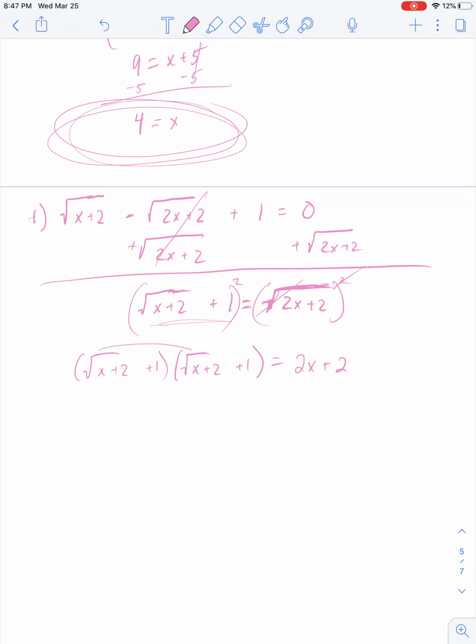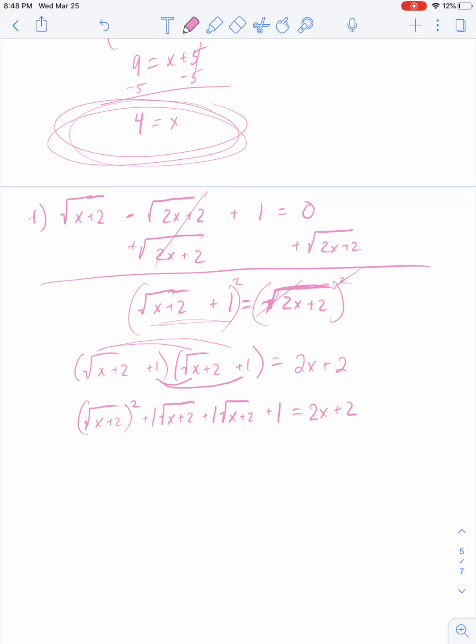So just like before, this radical times that radical, they're both the same, so I'm going to show that power of 2 there. Now, this radical times 1, well, it's just 1 square root of x plus 2. We've got 1 times the next one, it's just plus 1 times the square root of x plus 2. Then we've got 1 times 1, it's just 1, right? And we bring down our 2x plus 2.